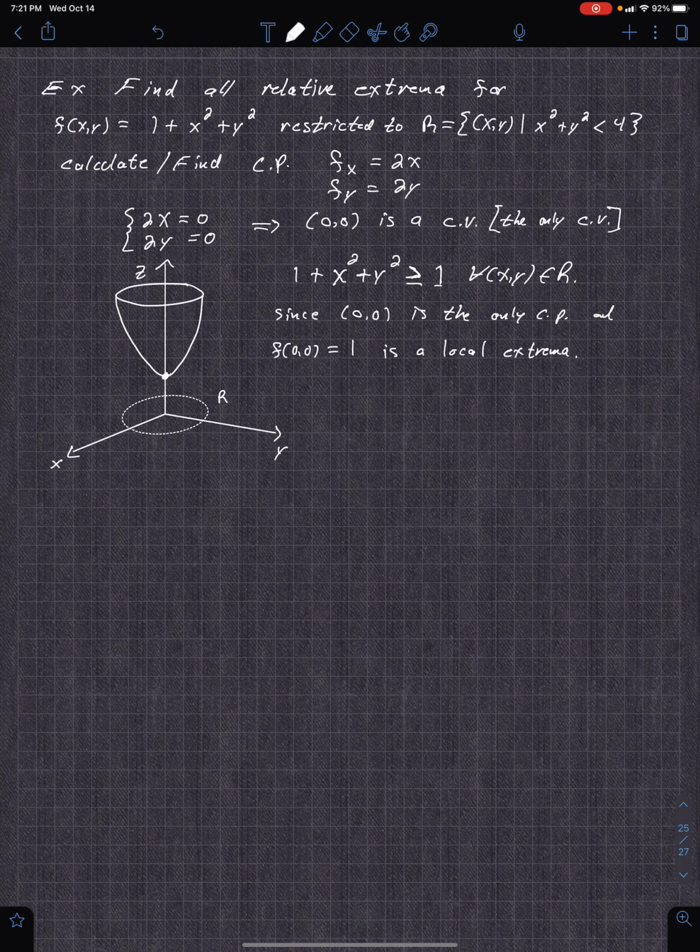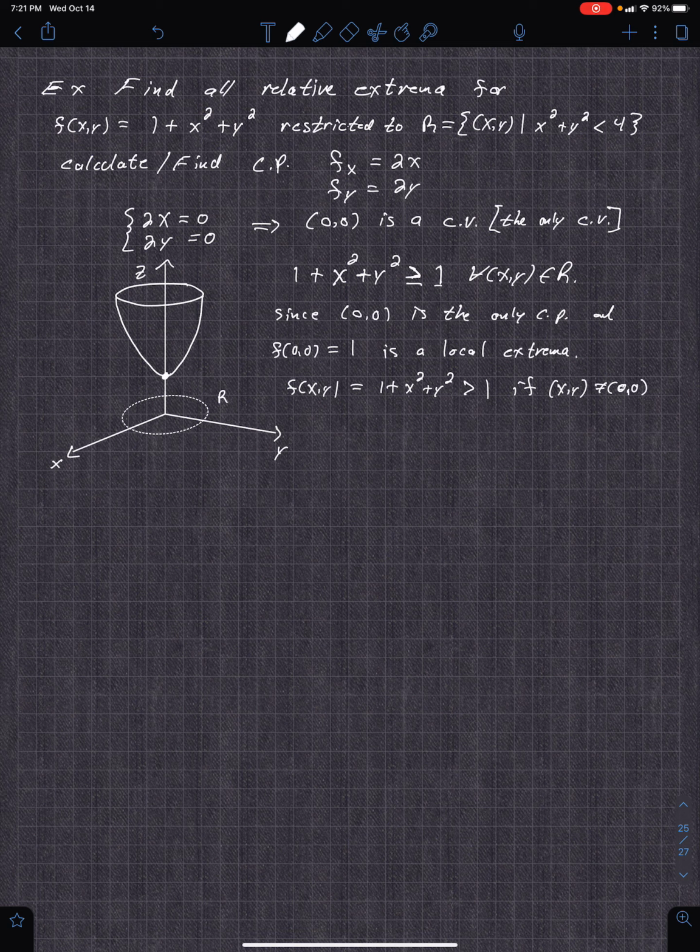All right, so there's not that much else to discuss on this one. It's just showing that it does work. We can also state, just another way of saying this, that f of x, y equals 1 plus x squared plus y squared is greater than 1 if x, y does not equal 0, 0.